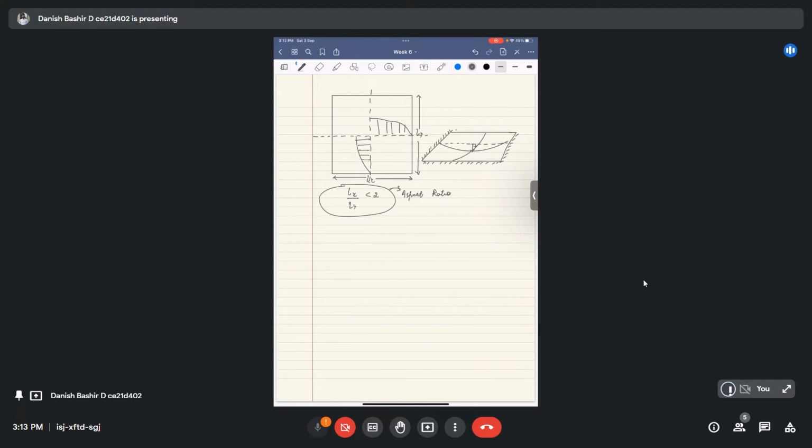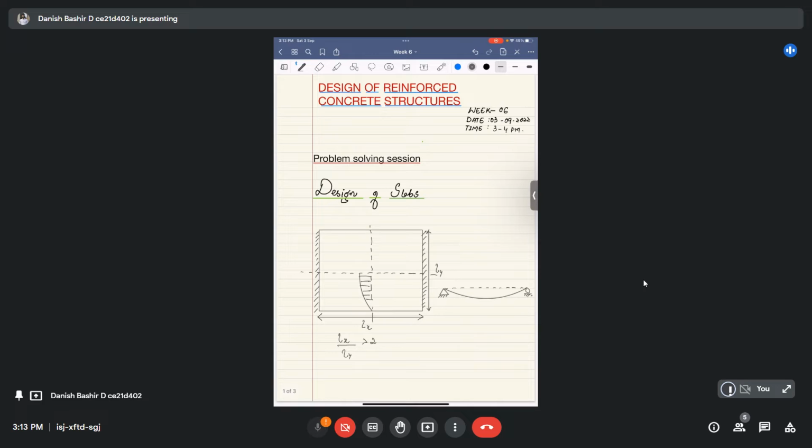There is one more point to add regarding one-way and two-way slab systems. If a slab system is supported only on two opposite sides, then it will always be one-way slab action. No matter what the aspect ratio, it will bend predominantly in the direction in which it does not have the support.